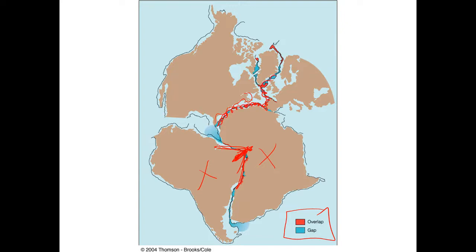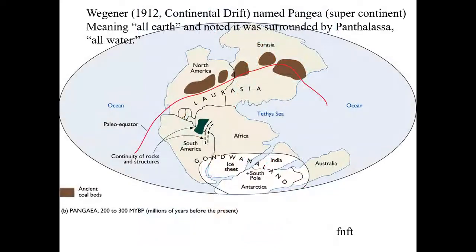This explains that those edges are never able to go perfectly back together because they weren't perfect in the first place. So those edges, those overlaps can be explained. But by and large, there better be some major similarities where we believe those edges matched. Here's a figure that you saw in the last PowerPoint that again gets us to the same concept of what Pangaea looks like.